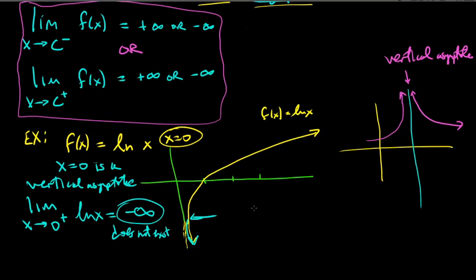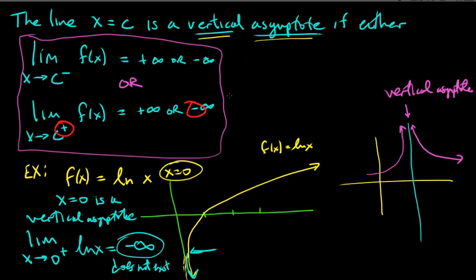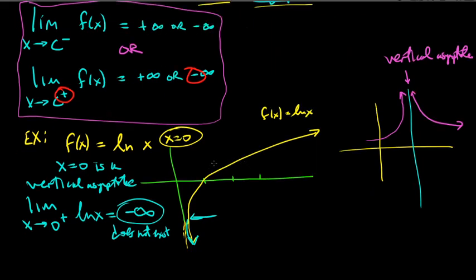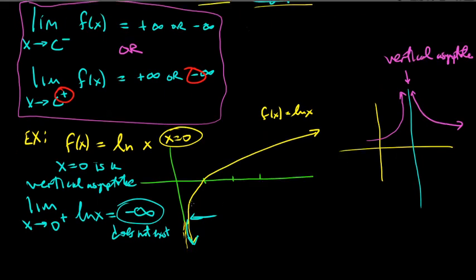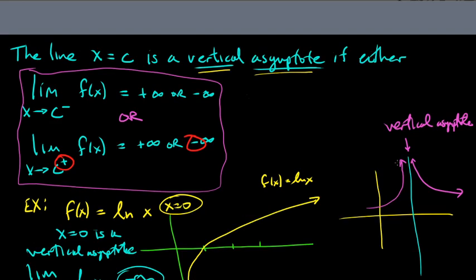So yeah, specifically here we're using this plus and this minus, but that's one of the 4 possibilities for a vertical asymptote, right? So the point is, it doesn't have to approach from both sides, left and right. It could just be a one-sided limit, or one-sided asymptote, as it is for the natural log function. Okay.